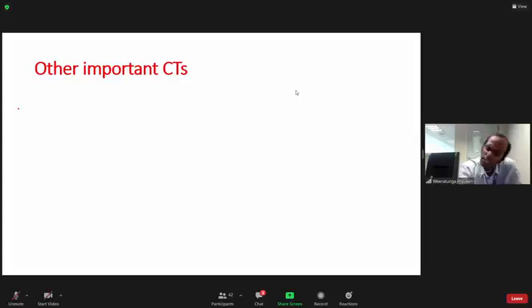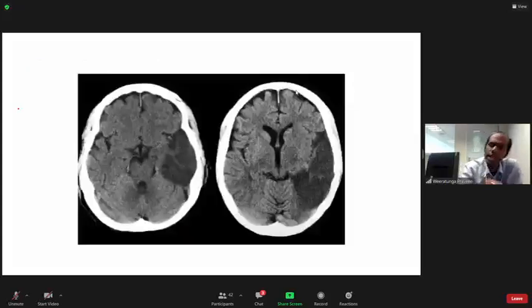Right. So what are the other common CT scans? Very easy one. Remember, in a CT scan, white is blood and black is infarction or water or edema. You can see this very clear infarction, very demarcated, beautiful infarction in two planes.